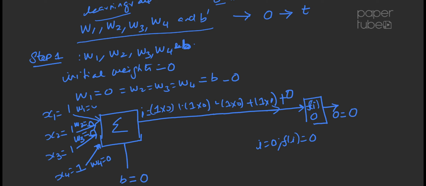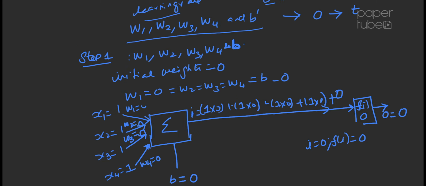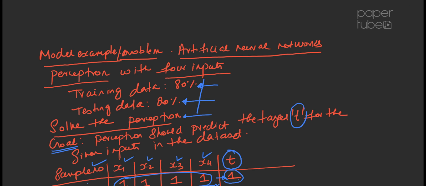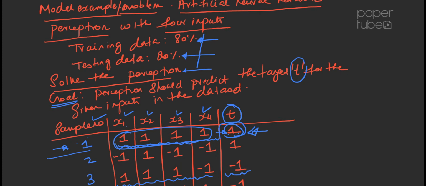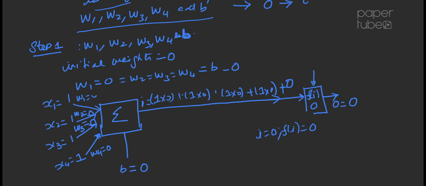And then if you go back to the problem, that output doesn't match your actual target value. This target should be equal to 1. So this is not matching, and we know that for the given input the target should be equal to 1. So what does that mean?